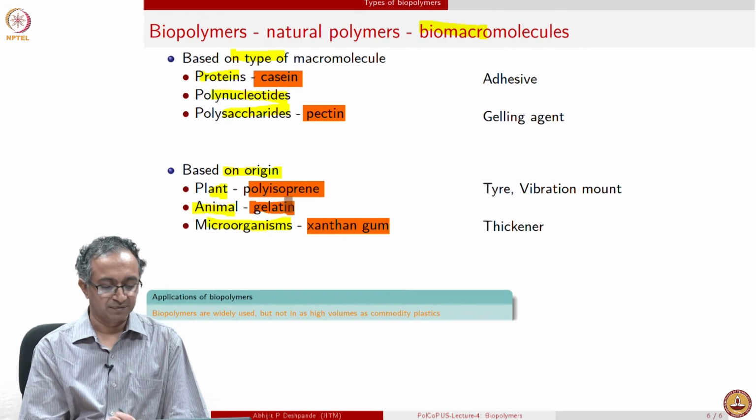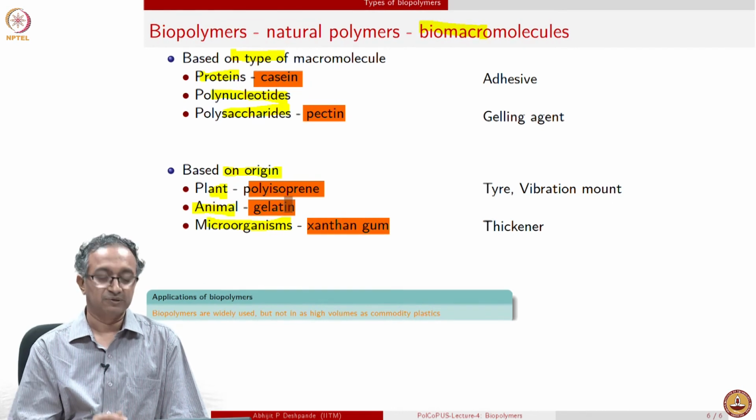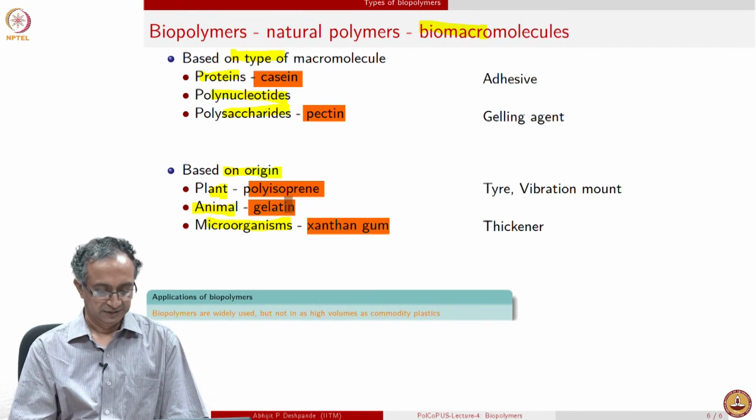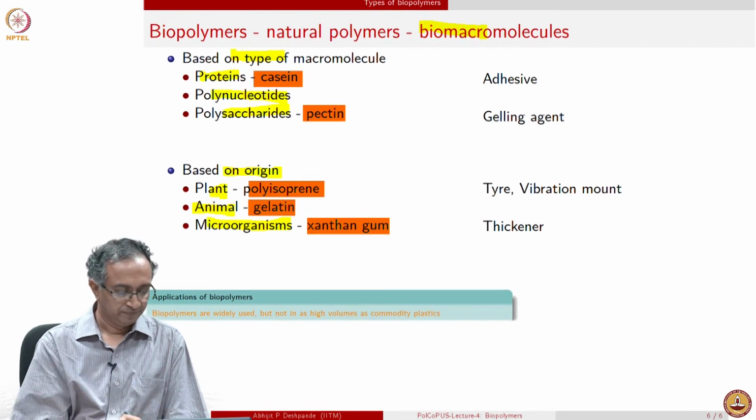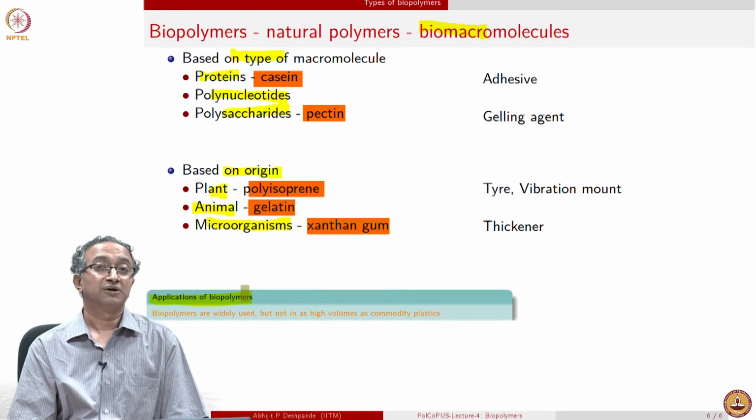Of course, we have examples like gelatin, which comes from animals, and during the course later on we will have a chance to look at many of these polymers. One important thing you can notice is that these polymers are used. It is not that only synthetic polymers are used; a lot of natural fibers are used, as I pointed out earlier. Many of these biopolymers are also used quite commonly for a variety of applications.